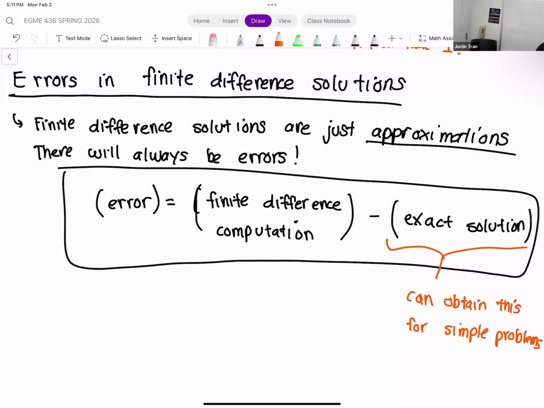One thing you can do, I'm not making you do this on the homework, is compare your finite difference answers to the exact solution and compute the exact errors at every single point. So that's a pretty straightforward definition of error. The only issue is that for more complex problems, and 99% of problems that we're going to do with CFD fall into this category, finding the exact solution is not attainable.